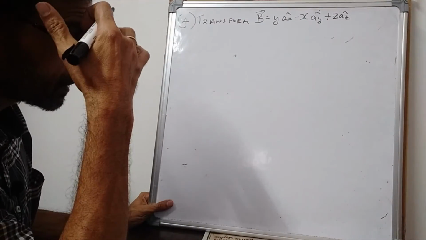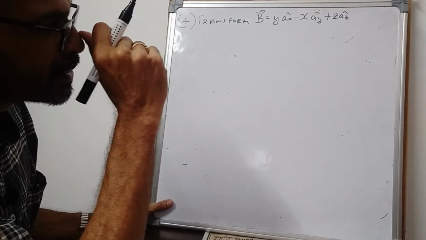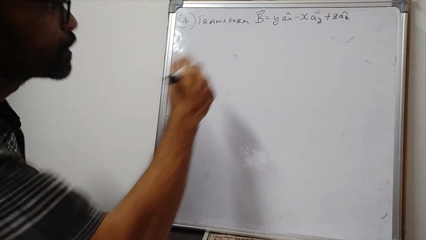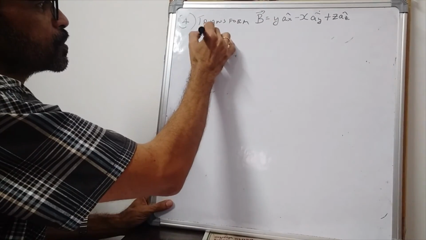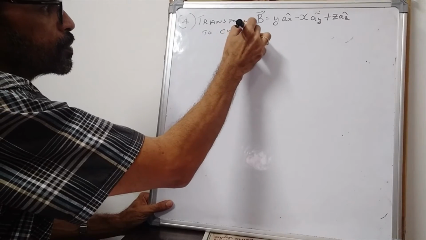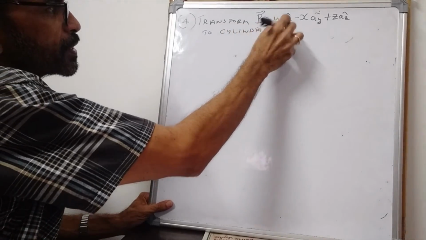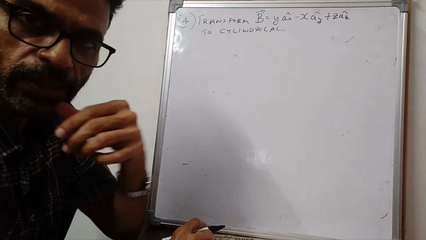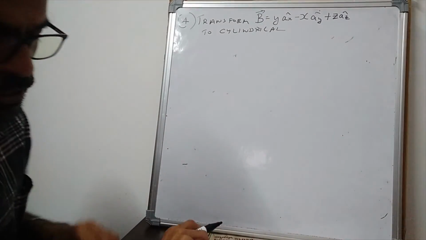So this is a given vector, in fact a vector field. It's given in Cartesian coordinates. We have to transform it to cylindrical coordinates.